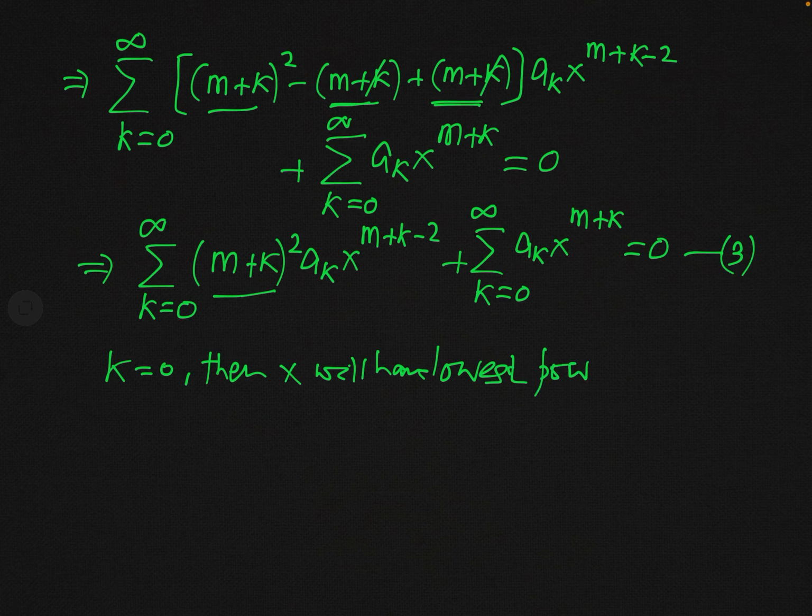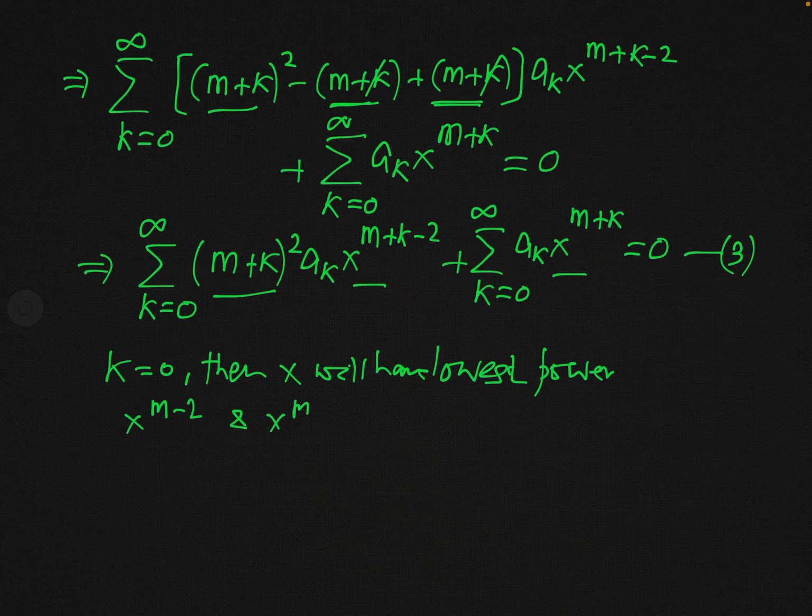When we put k equal to 0, in the first term there will be x to the power m-2, and in the second term there will be x to the power m. So you can compare: the lowest power of x is m-2, and that is contained in the first term, so there is no need to see the second term, because we will equate to 0 the coefficient of this x^(m-2).